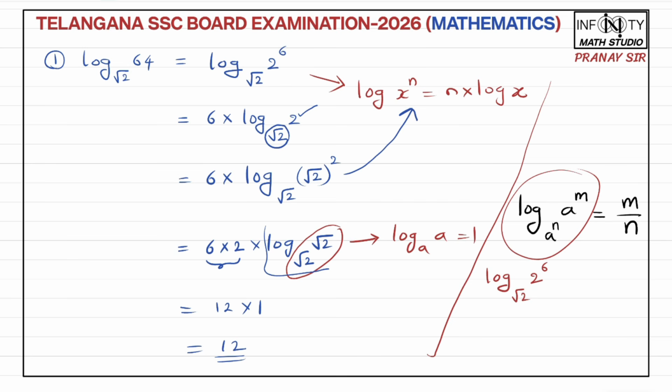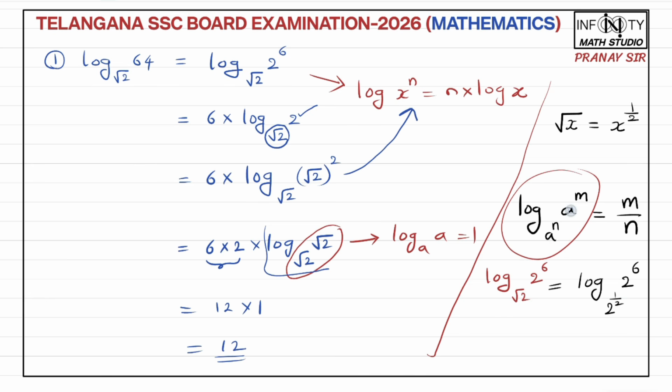Now here we need to understand one thing. If I have root x, this is radical form. If I convert it into exponential form, the base is x and the exponent becomes 1 by 2. Similarly, if I apply that logic here to the base, I have log 2 power 6 to the base 2 power 1 by 2.